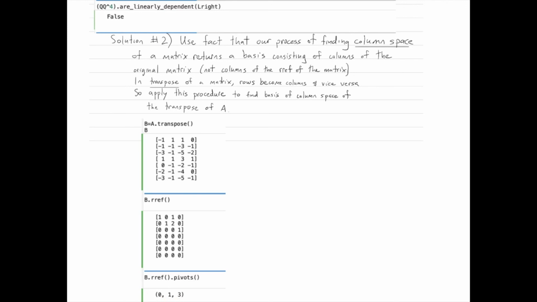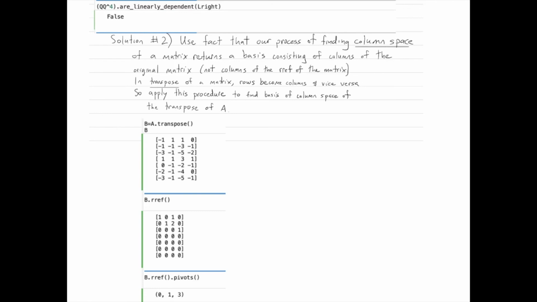You can also ask Sage to take the pivots, and it will give you back the column numbers. Okay, and that's what we've seen that gives the correct answer. We've seen that the columns 0, 1, and 3 of B will correspond to rows 0, 1, and 3 of A, since the columns of B are the same as the rows of A.